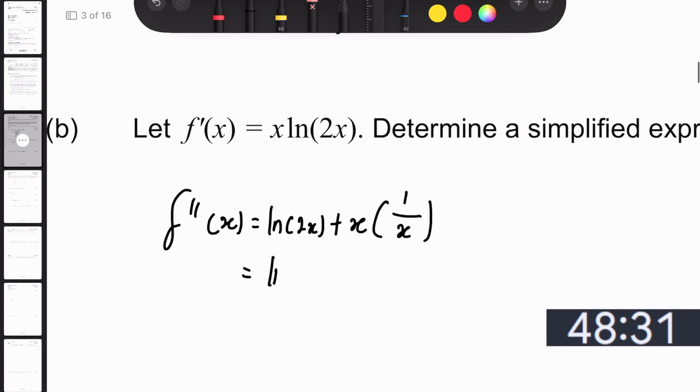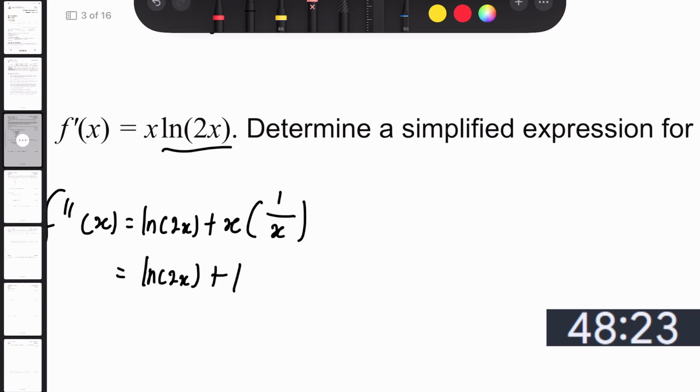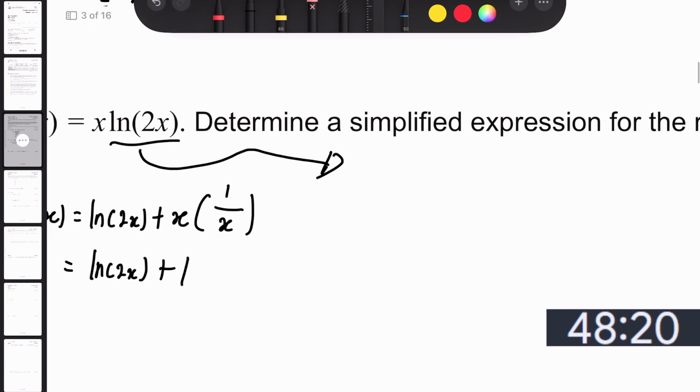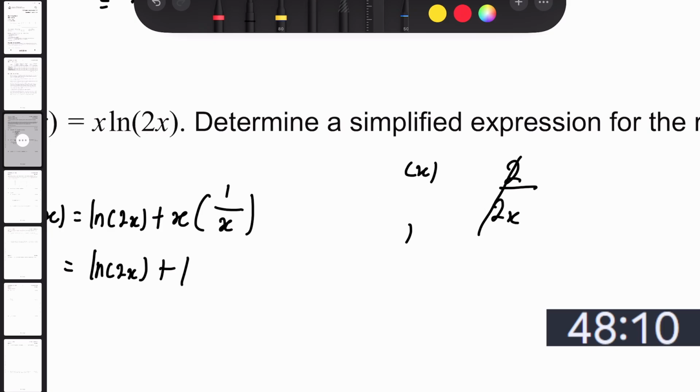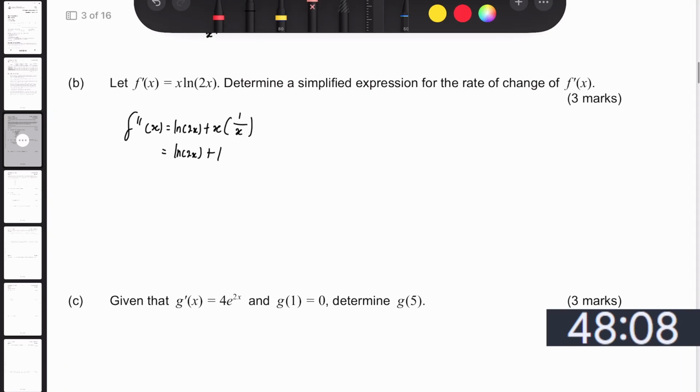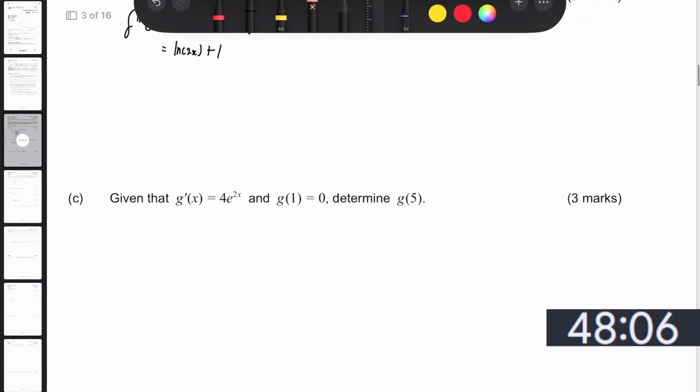Obviously x times 1 on x is just going to be 1, because the derivative of this is the derivative of the inside function over the function itself. The derivative of 2x is 2, and it'll be over 2x. These 2s would cancel. Okay. Yep, that's what we needed to do.